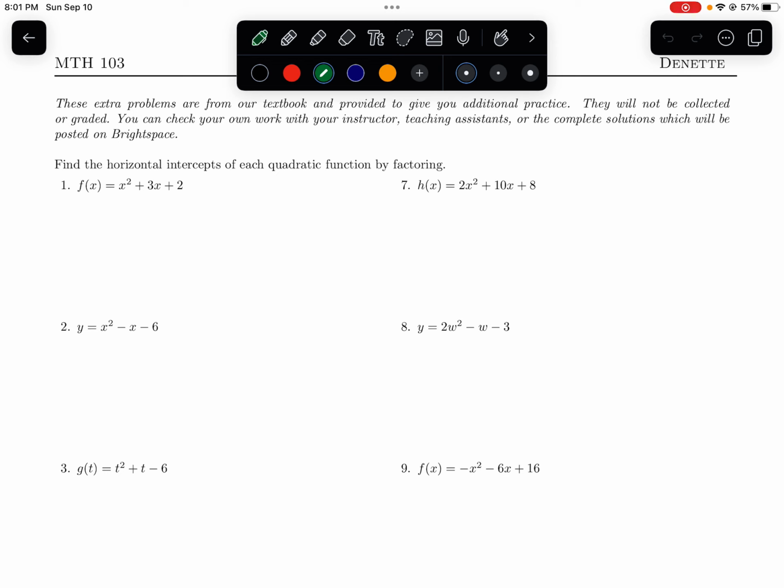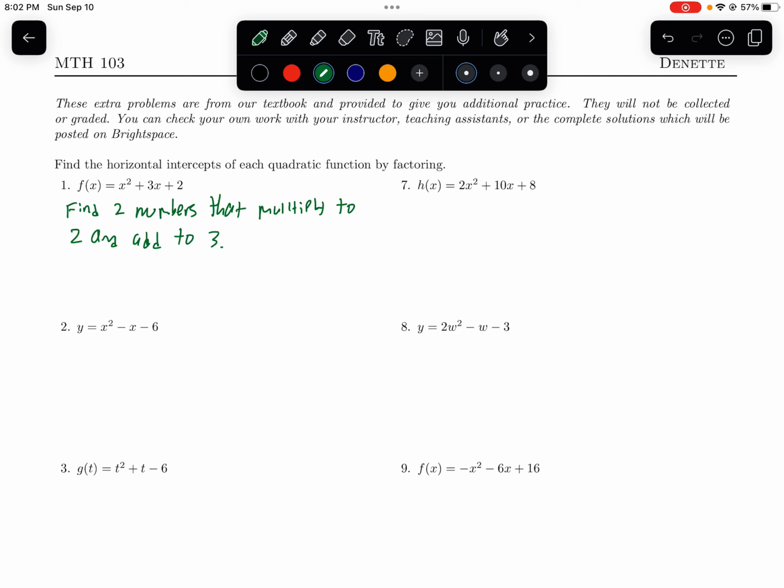And so for question 1, you need to find two numbers that multiply to 2 and add to 3.